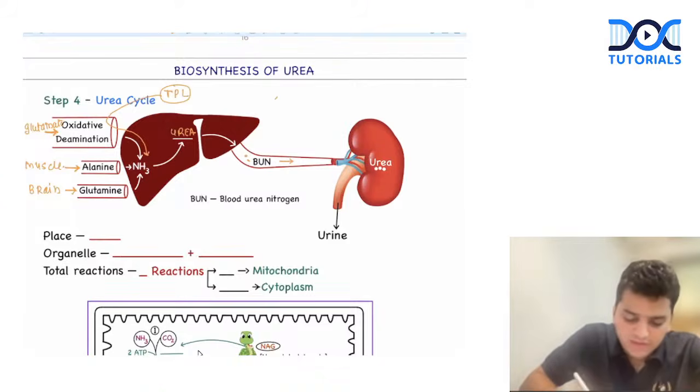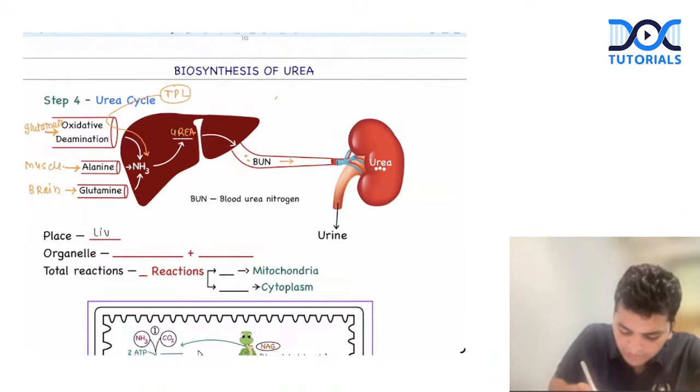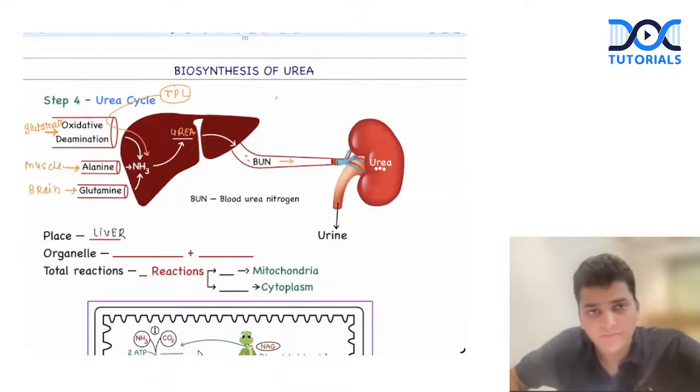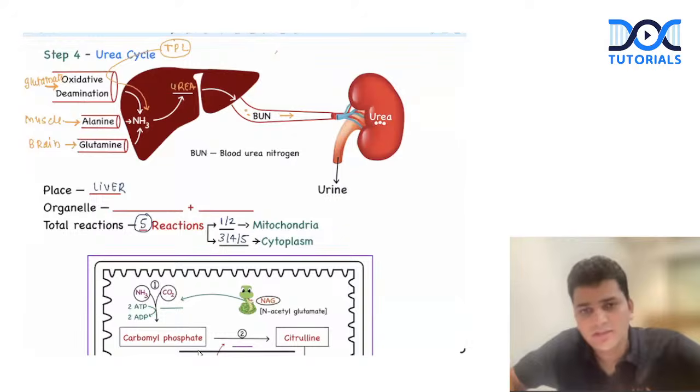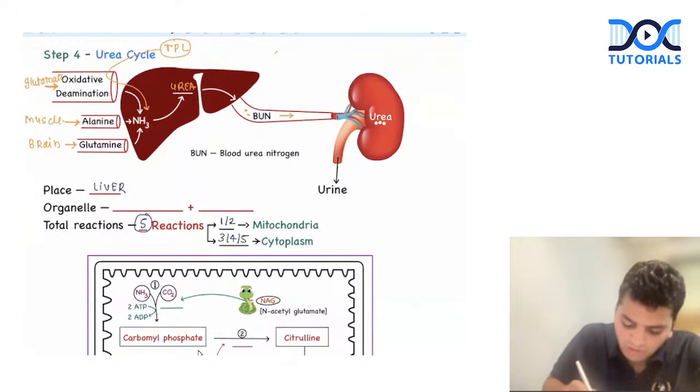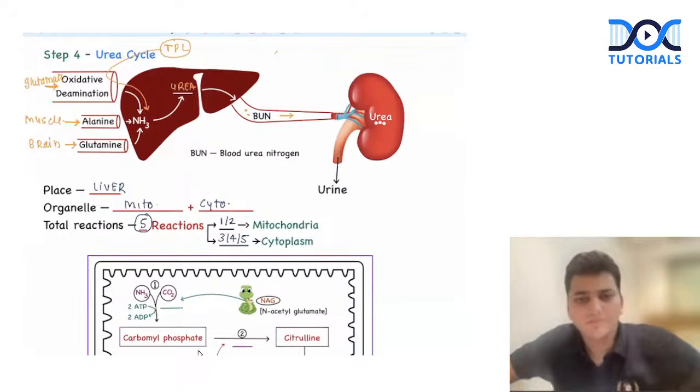If they ask what is the place where the urea cycle is happening, the place is going to be the liver. In the liver, if they ask whether the urea cycle occurs in the mitochondria or cytoplasm, you will say that the urea cycle has a total of 5 reactions. The first and second reactions occur in the mitochondria, whereas the third, fourth, and fifth reactions occur in the cytoplasm. So some reactions in the mitochondria, some in the cytoplasm.